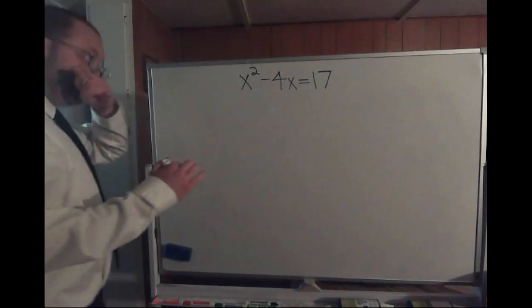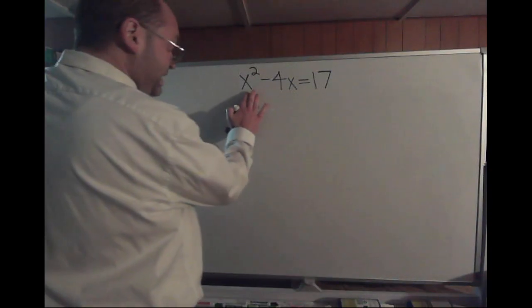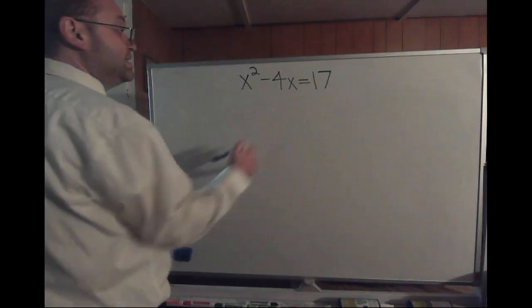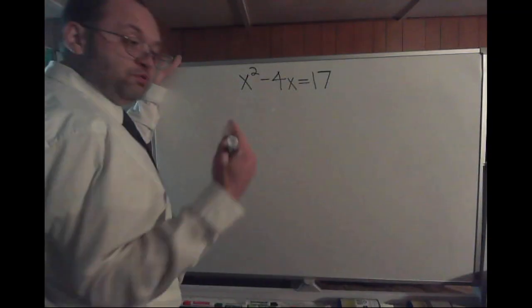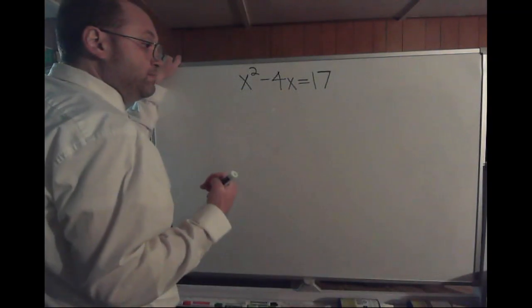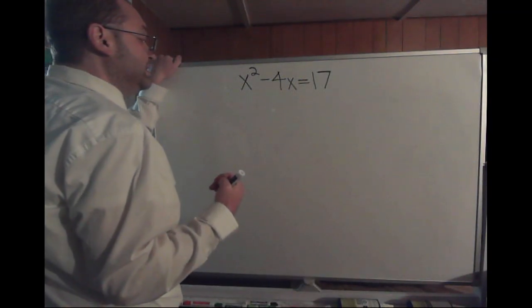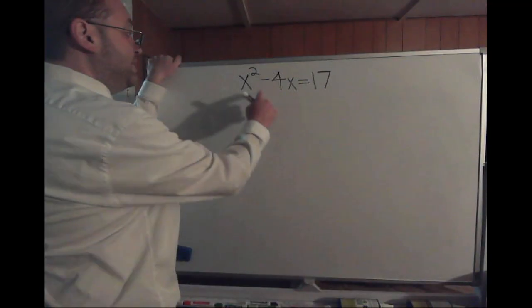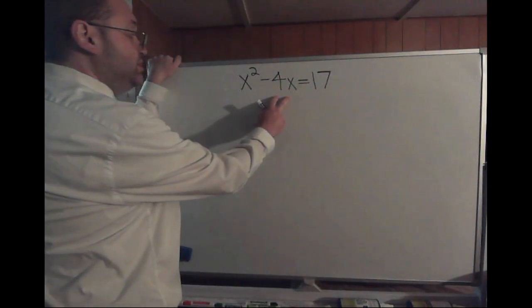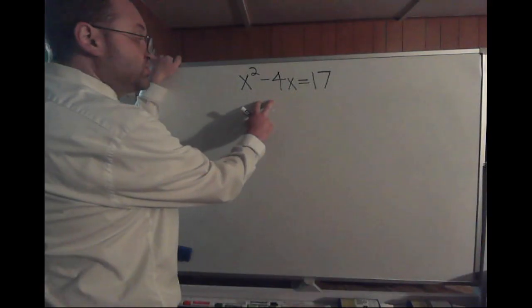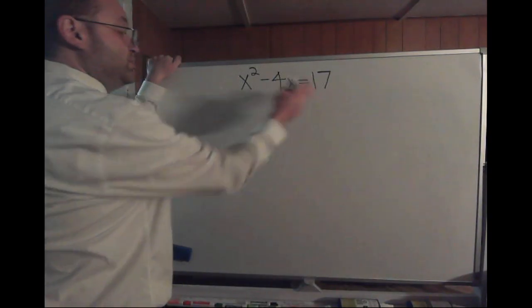So here we have this problem again, x squared minus 4x equals 17. Now, why would you want to complete the square? The goal is ultimately to create a perfect square trinomial on the left, which means you can factor it as a binomial squared equal to the right hand side.